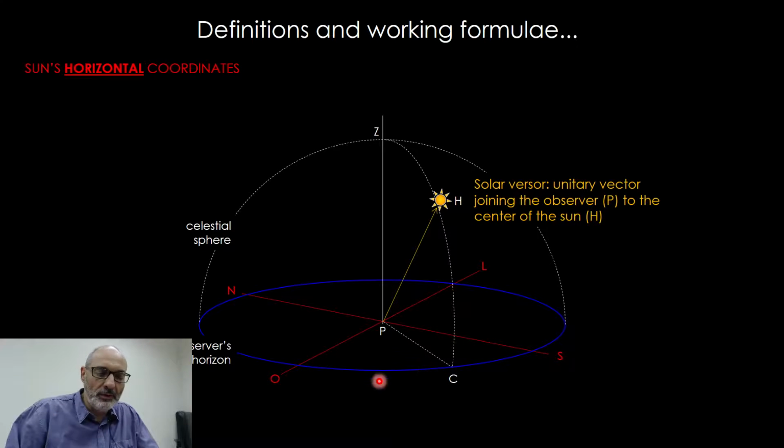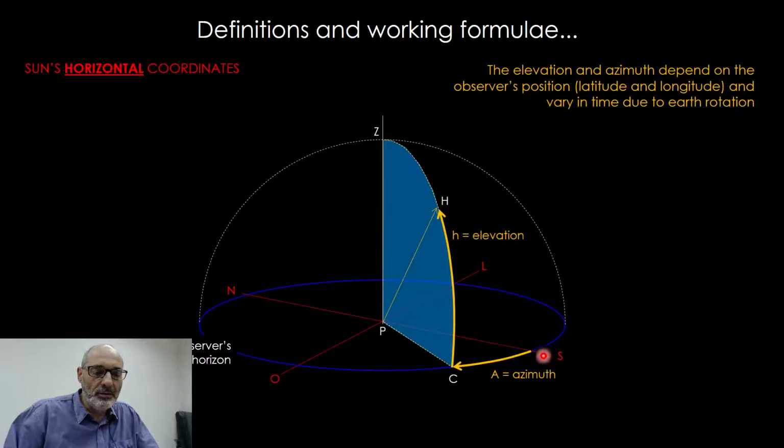And for the coordinates of the sun, we're going to do exactly the same. We're going to measure on the horizon, which plays the role of the equator. So we have an angle on the horizon, which we're going to call azimuth, and we have an angle on the sun's meridian, which we're going to call elevation. Those are simply definitions.